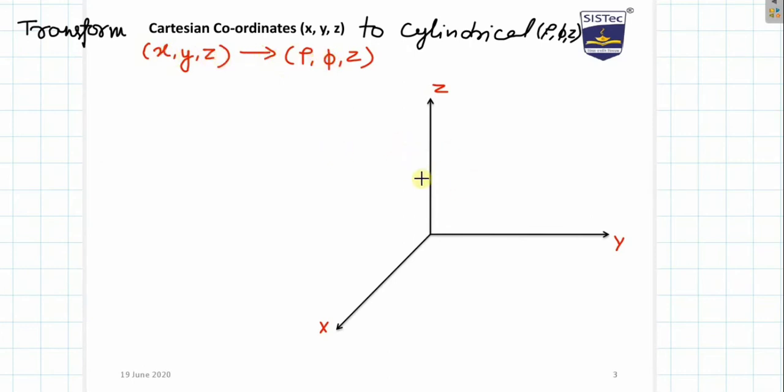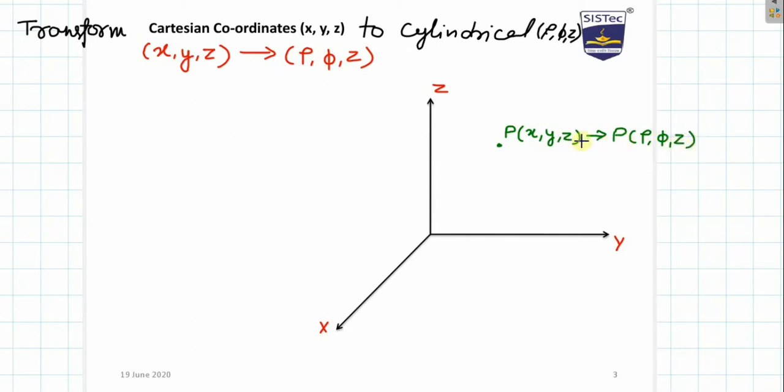So let's make it simple through the diagram. Let us consider a point, let's say P is one point. This P point is defined in Cartesian coordinate system with the coordinates x, y and z. But you have to transform it into this cylindrical coordinate system, that is rho, phi and z.